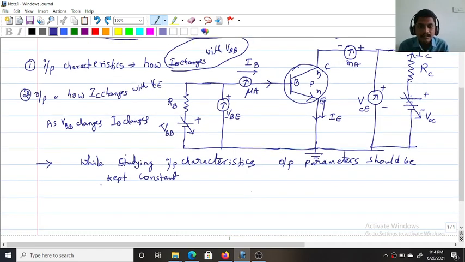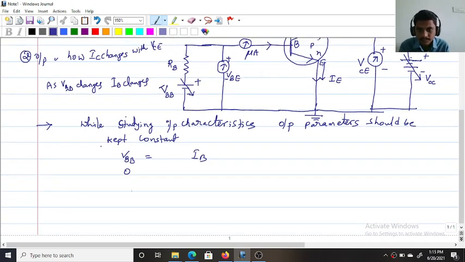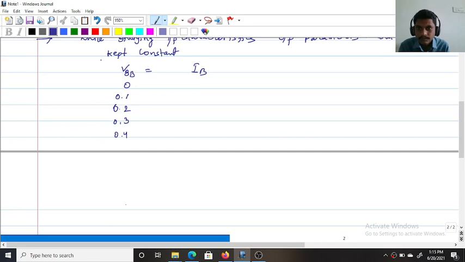Now, for example, I want to increase the base voltage from 0. See here, VBB and IB. I'm increasing the base voltage: 0, 0.1, 0.2, 0.3, 0.4, 0.5, 0.6.